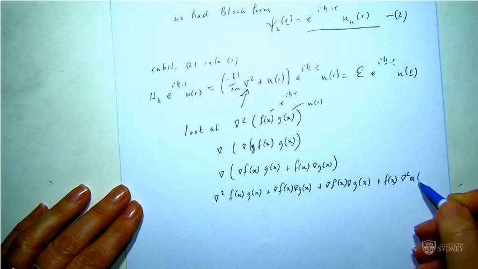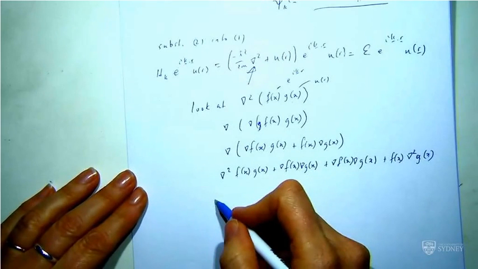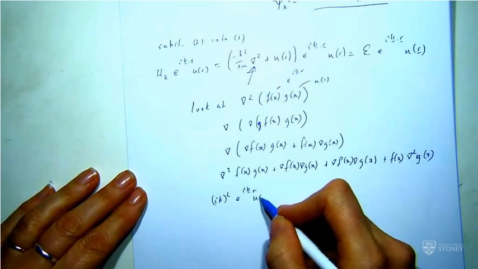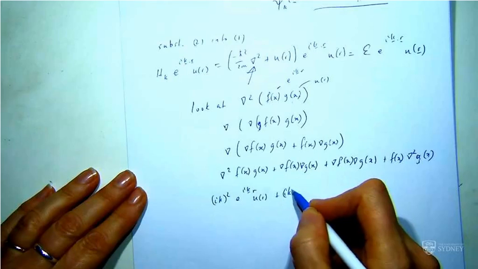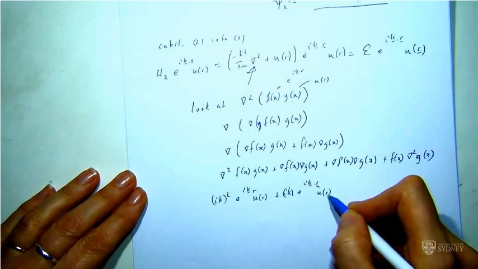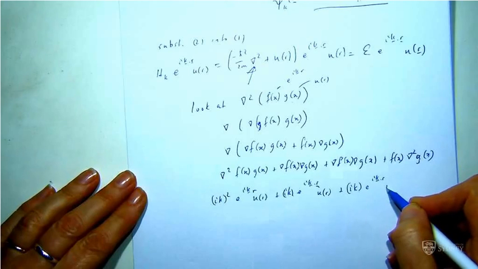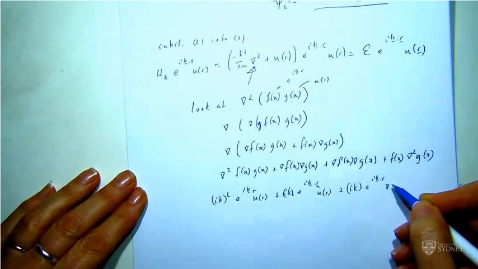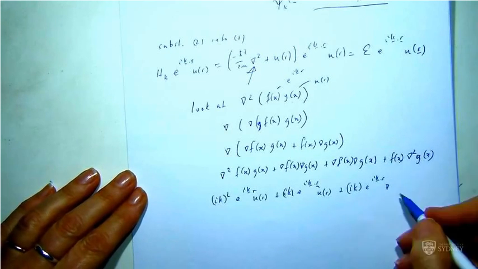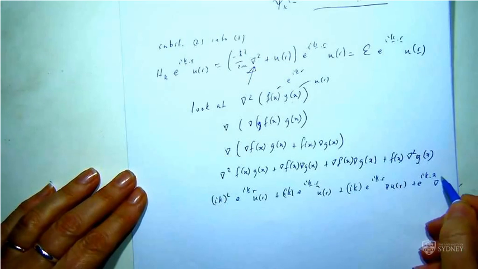Okay, so when you substitute that in, you get i k squared e to the i k dot r u of r plus i k e to the i k dot r grad u of r plus i k e to the i k dot r grad u of r plus e to the i k dot r grad squared u of r.